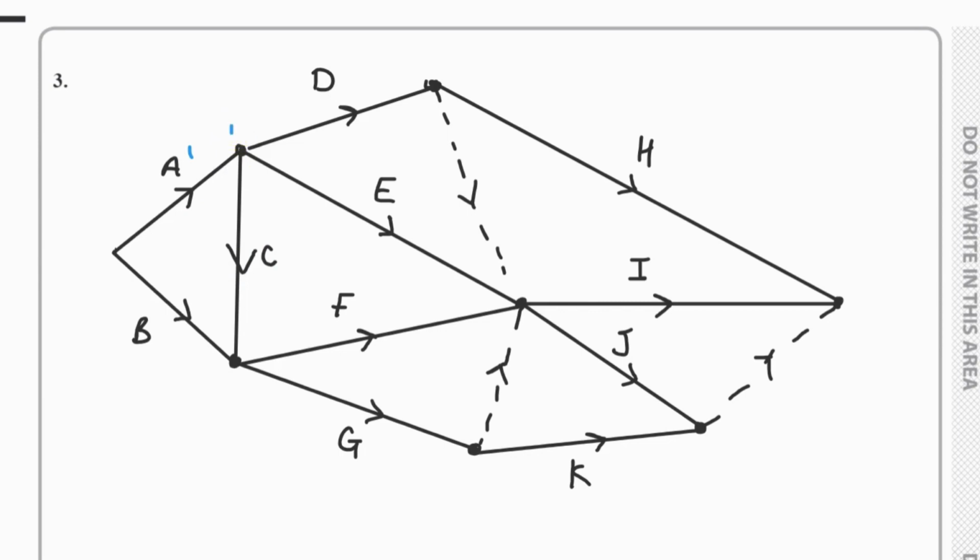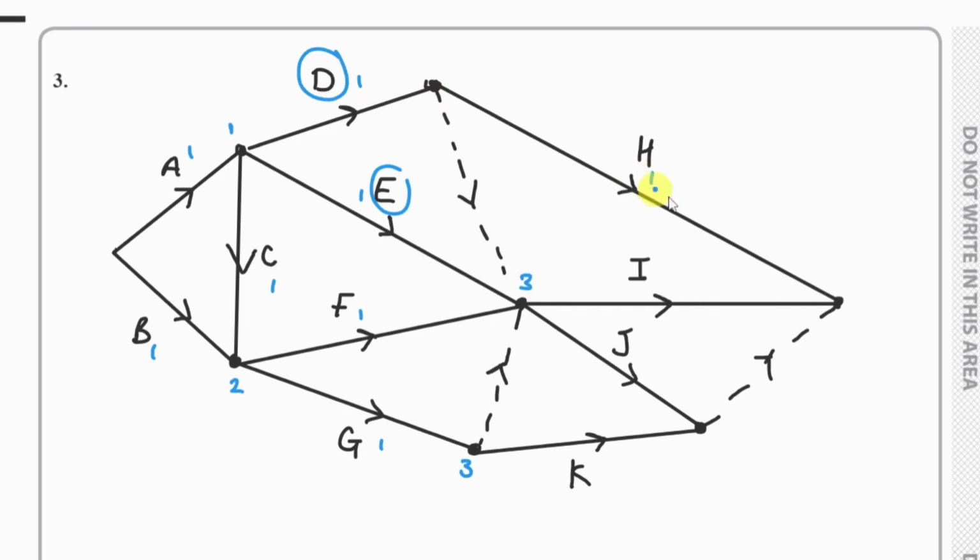By the time I get to this node here, that's 1. By the time I get to this node here is 2, but that is also 1. To get in here, it's going to be another 1, so I can get there at 3. To get here is another 1, so I get there at 3, but that's a dummy, so that's still 3. To get here is 2, so E can't be critical because that's less than 3. To get here is 1, so 2, so D can't be critical because I can be there at 2.